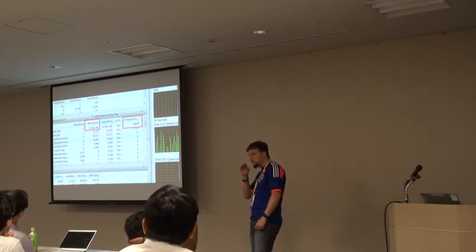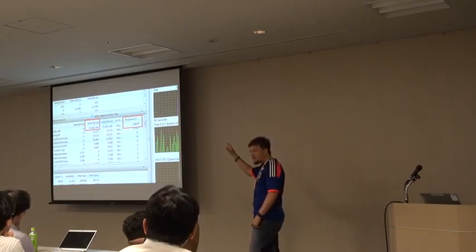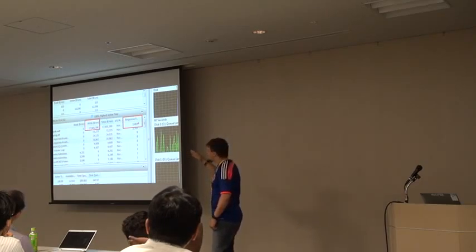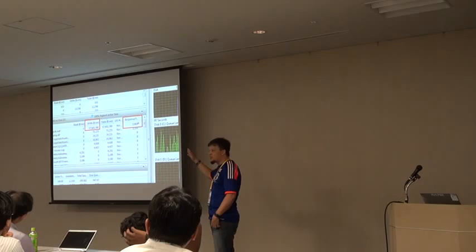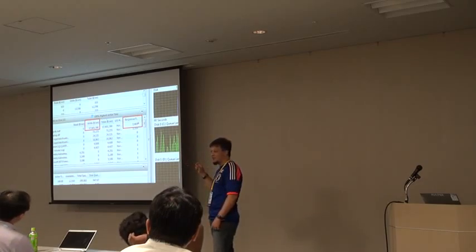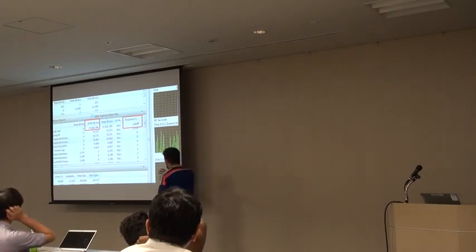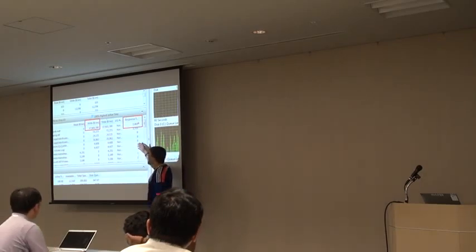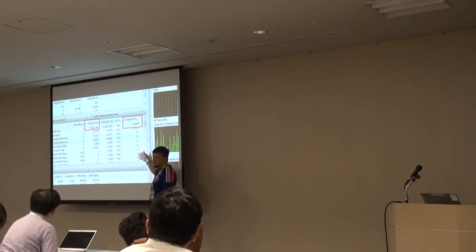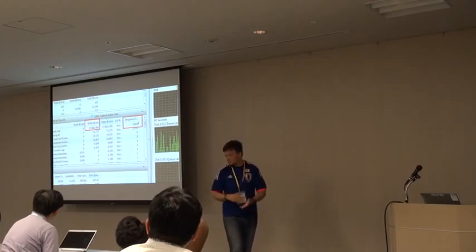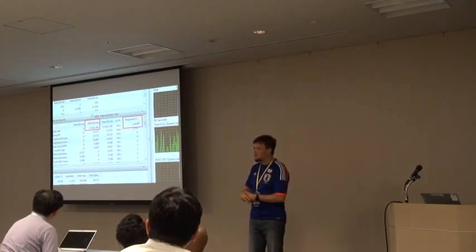That's way too much. The number we want to see is close to, in the worst case, 30 milliseconds. Never 3 seconds. That number should always be close to 1 millisecond, up to 15 milliseconds. 3 seconds is ridiculous.